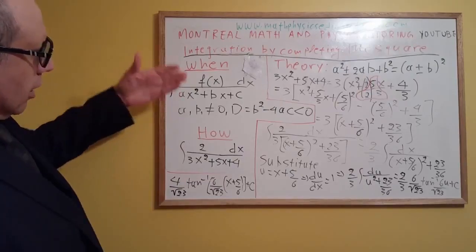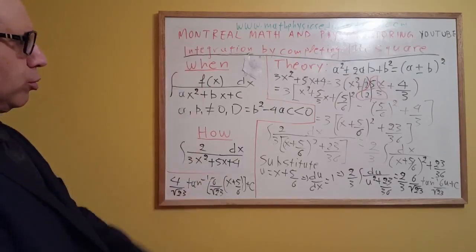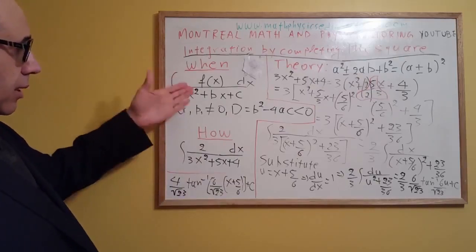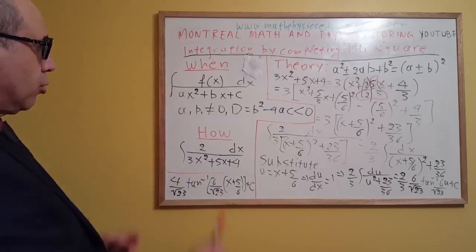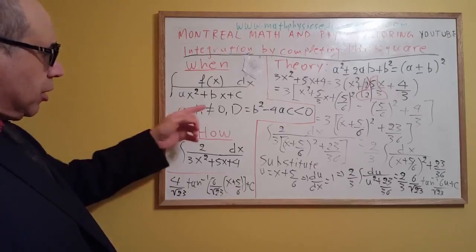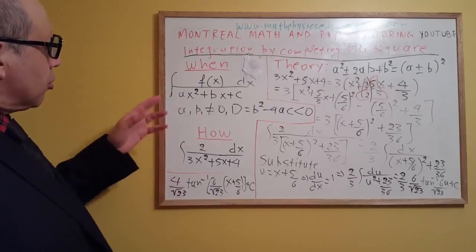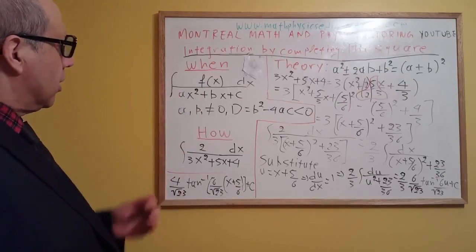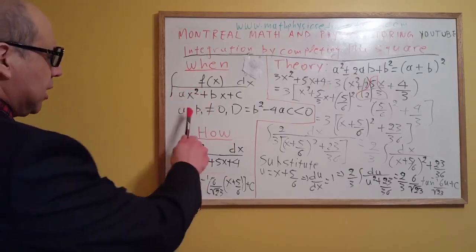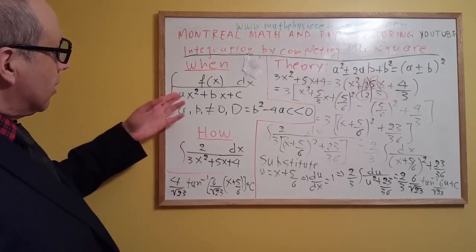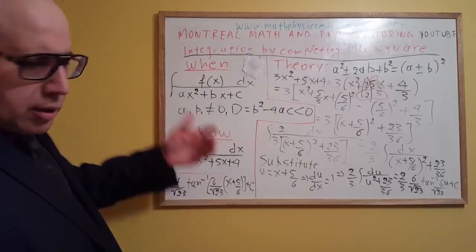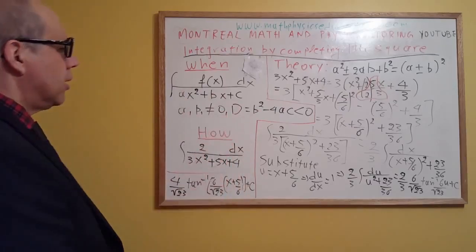And what else do you need in order to use this method? You cannot just find this integral by a simple substitution, like substituting only your denominator equal to u. You also need a and b to be different than 0, because if a is 0, the denominator is not a quadratic. If b is equal to 0, then it becomes ax squared plus c, which is an integral that we can calculate in another way.